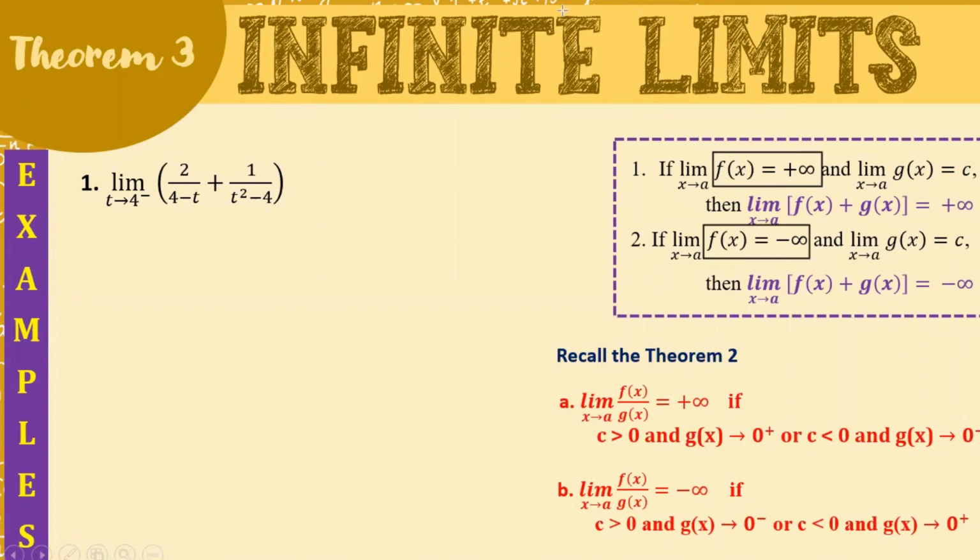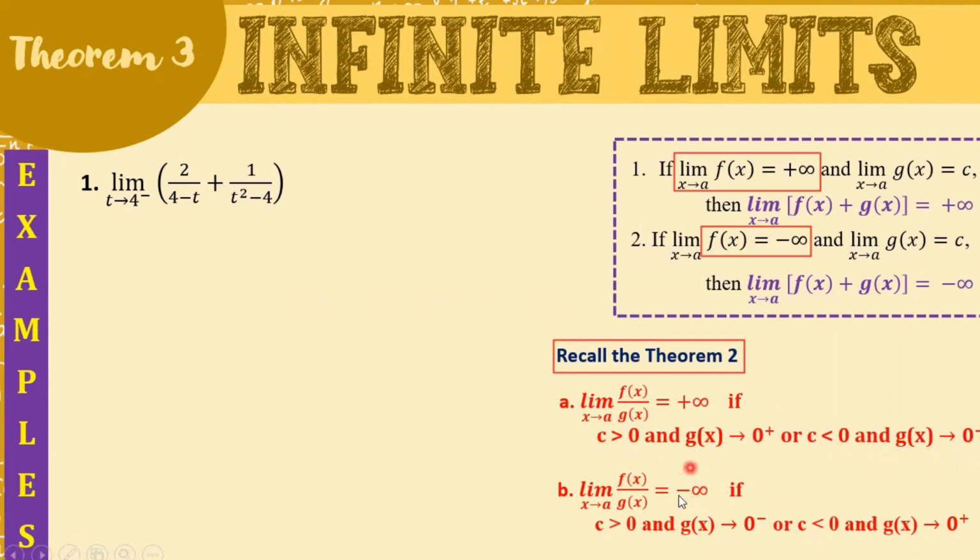So paano natin ma-identify if f of x is positive or negative infinity? We will recall Theorem 2. Meaning may purpose pala si Theorem 2, no? For Theorem 2, magiging positive infinity lang siya if c is greater than 0 and g of x approaches 0 plus, or c is less than 0 and g of x approaches 0 minus.